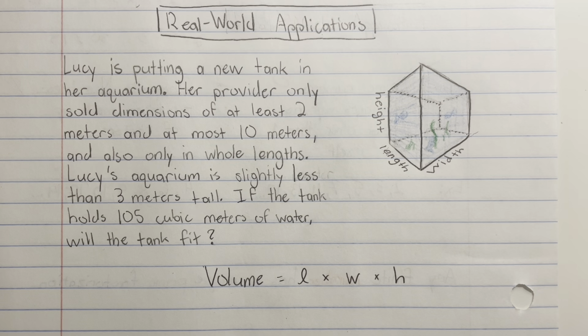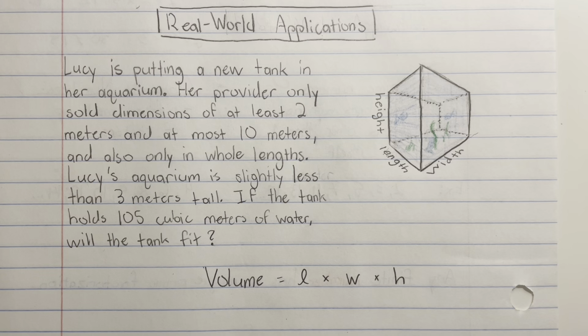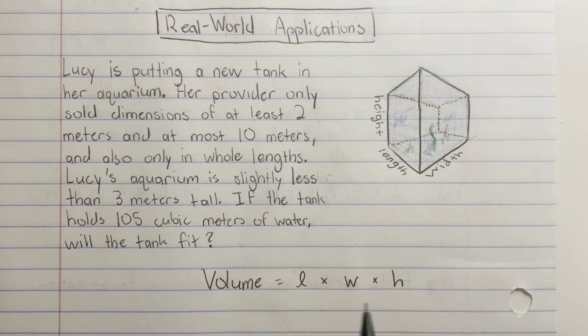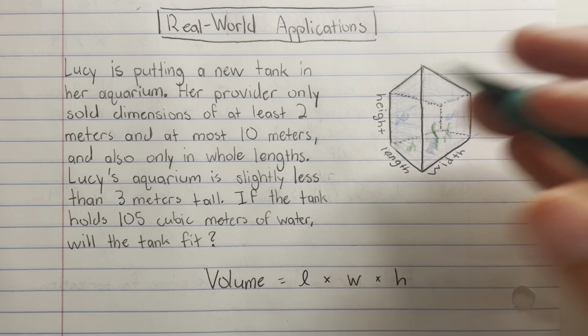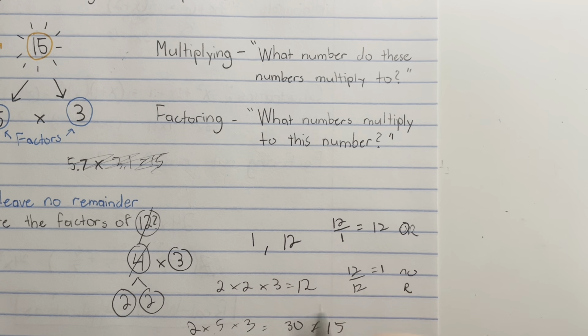And maybe you learned that in geometry, and this is the perfect time to use our knowledge of factoring, because this looks just like a product and its factors. Now, what's our product? We're given our product. That's what factoring asks. If you remember, factoring asks what numbers multiply to this number.